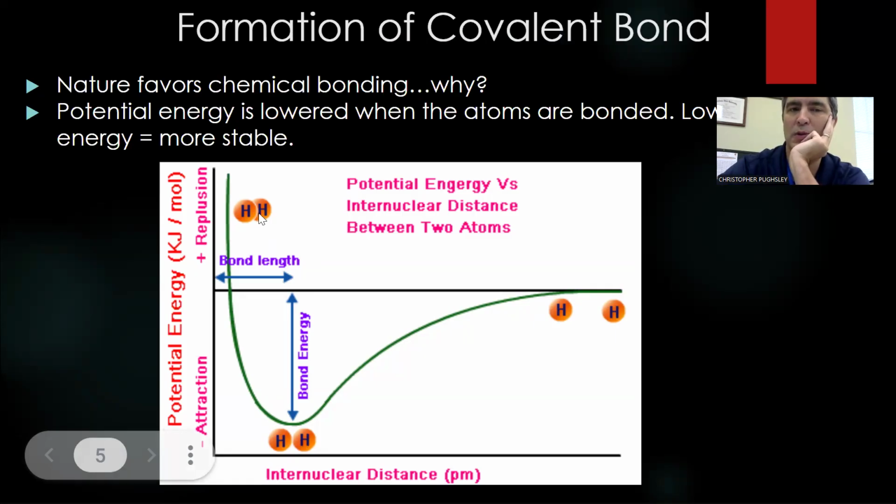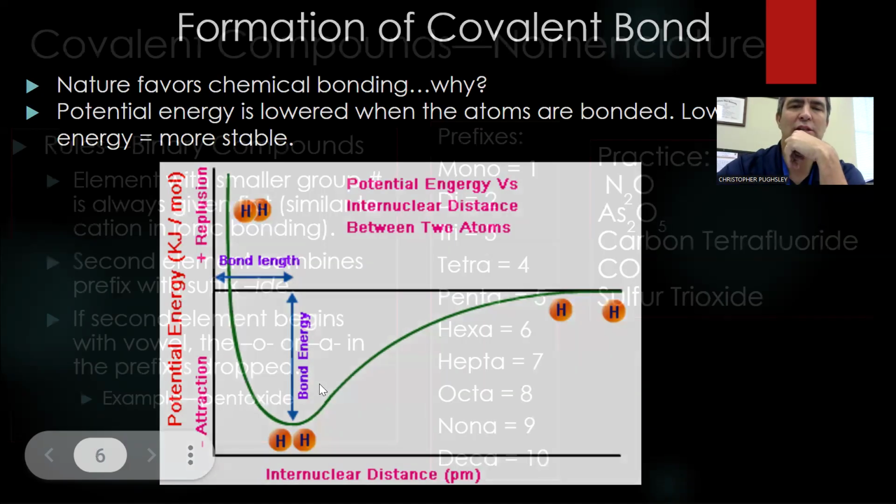Not when they're super close and forced to be overlapping each other. But when they are sharing these electrons, that makes their energy lower. That just shows that chemical bonds are lower energy, and therefore that's why atoms form chemical bonds instead of staying separate. That's what this is trying to show right here.